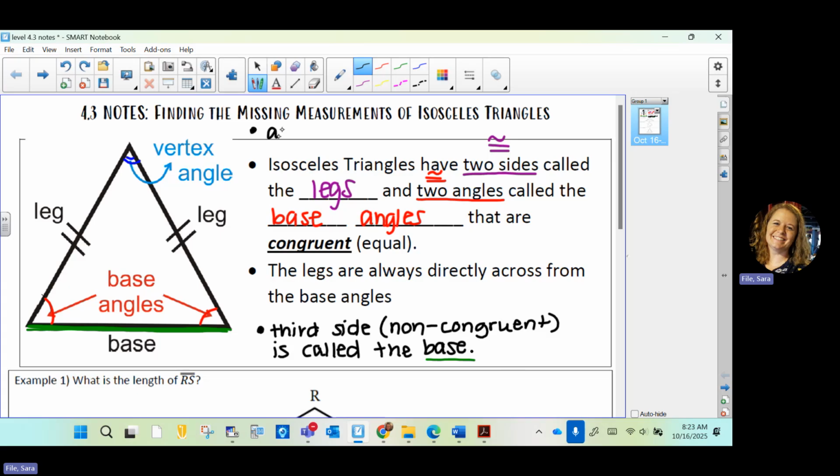Okay, the angle, say the vertex angle where the legs meet. All right, so we feel good about the names of the parts. So two base angles and a vertex angle, two legs and a base for the sides.